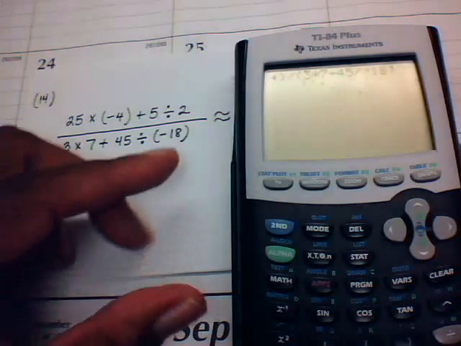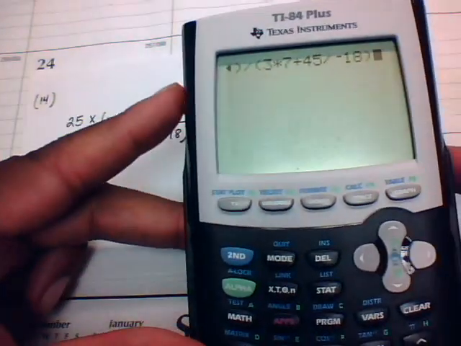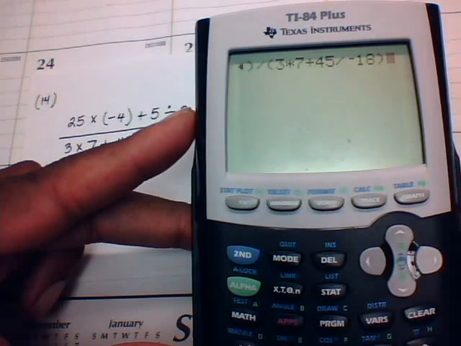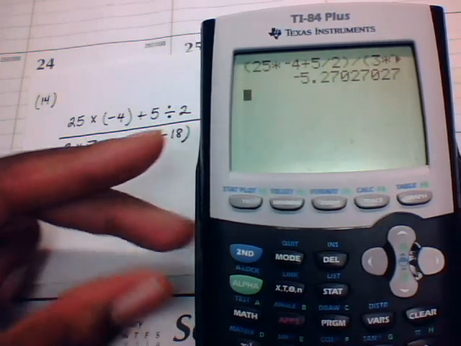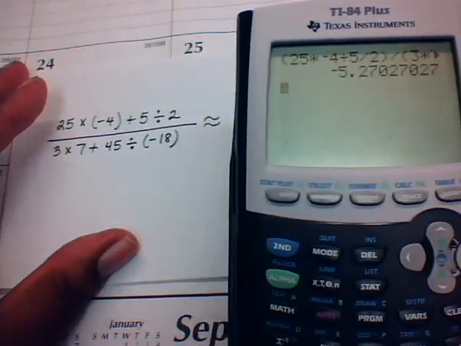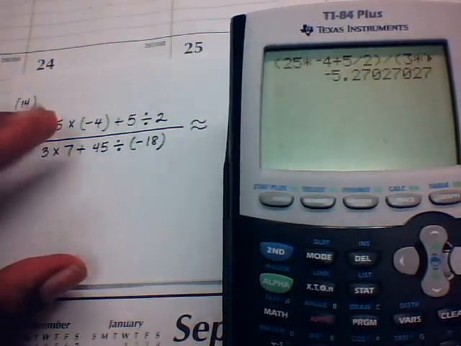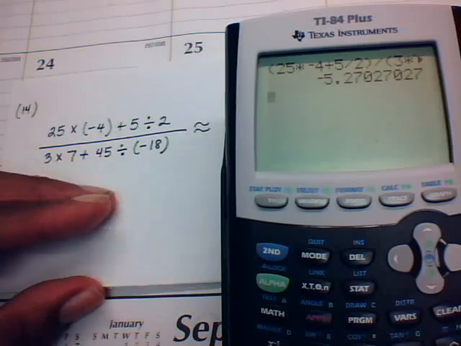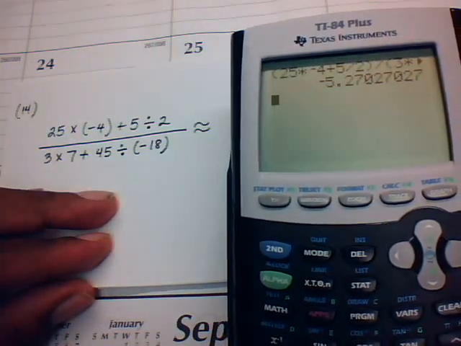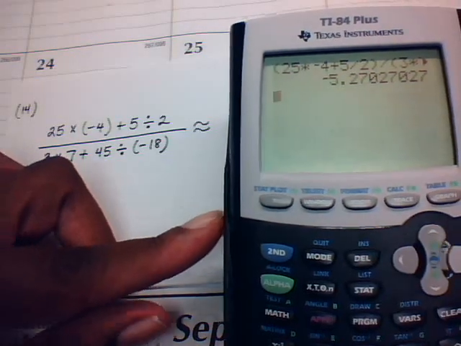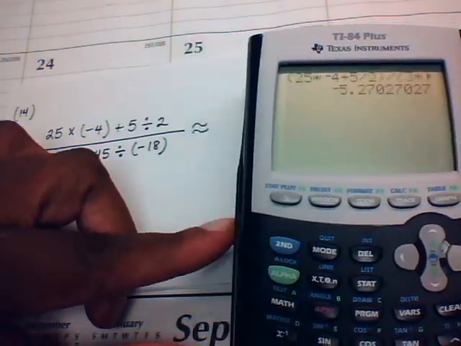Close parentheses. And then we go ahead and hit enter. And your answer would be negative 5.27. And this is rounded to 2 decimal places as indicated on your actual calculator activity. So to 2 decimal places, your answer should be negative 5.27.